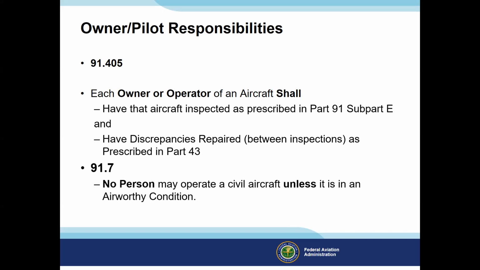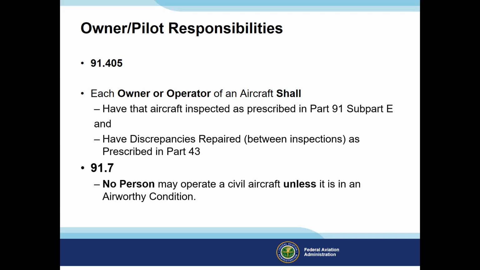All right, thanks, Dan. So we looked at aviation maintenance technician responsibilities, and the performance rules they have to follow. And with this slide, we also looked at owner and pilot responsibilities. Keep in mind, we're trying to relate this to the topic of possibly not having the parts or the materials.